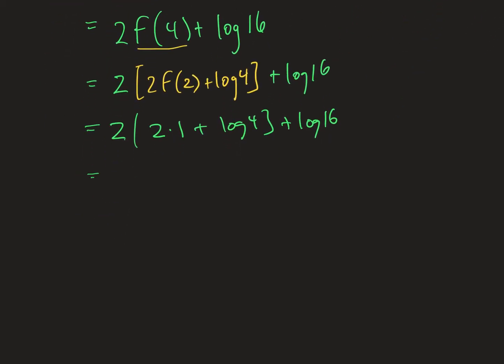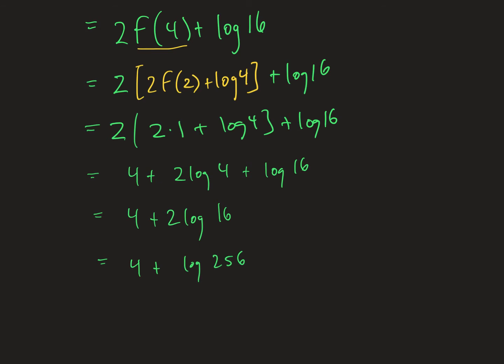So we get 4 plus 2 log 4 plus log 16. This is going to be 4 plus log 16 plus log 16, so it's going to be 2 log 16. And so this becomes 4 plus log of 256.